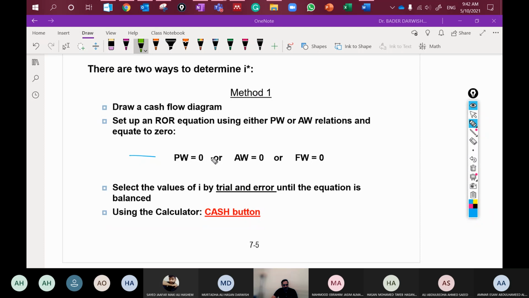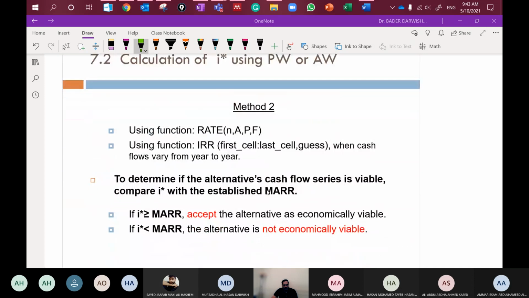Now, here it is saying that to understand an unknown, all of these can be used as analysis because I'm trying to determine a rate of return, equating it to 0. Here we can see that we can use a cash button or trial and error. Here we have an Excel sheet. Now, very important to me is this one.